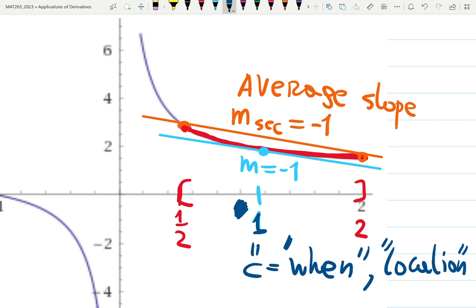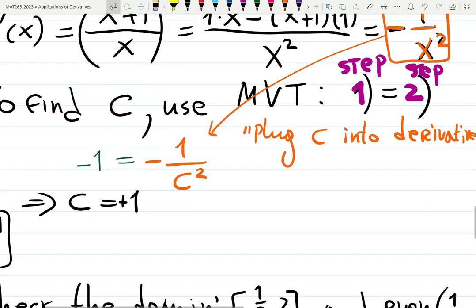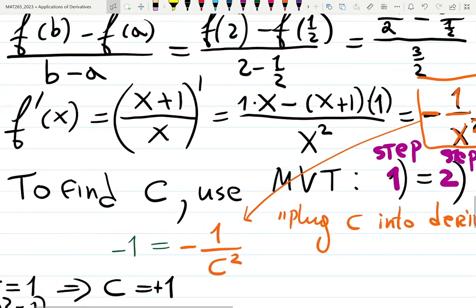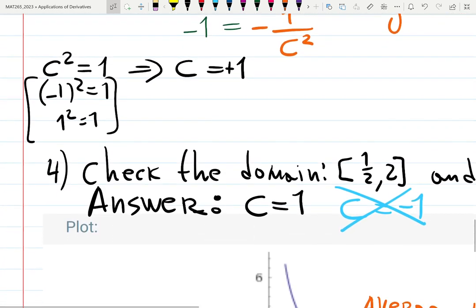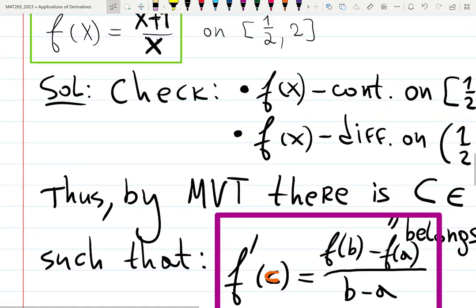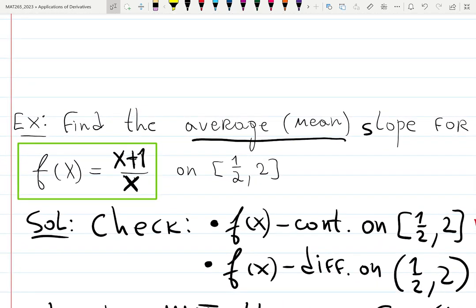Yes? So like in the original question, it was asking for just the average slope. Yeah, that's the one. So finding C is like extra stuff? Oh, good question. The question says find the average slope, so you could just find the average and then prove that it's the same.